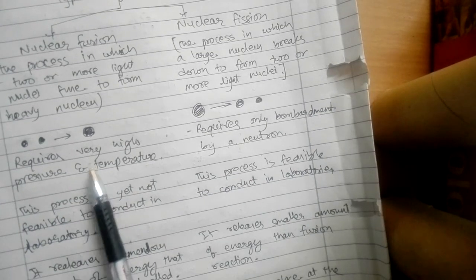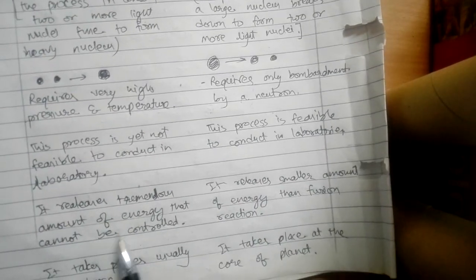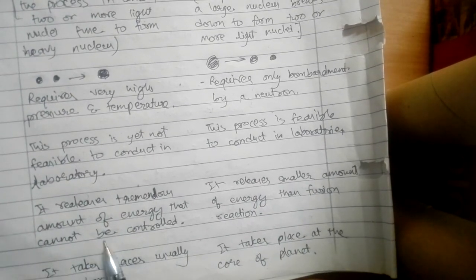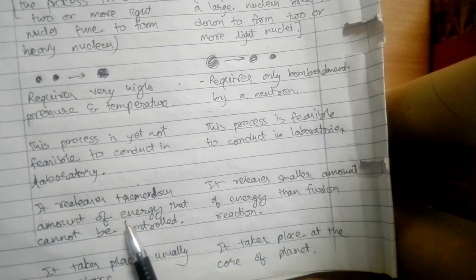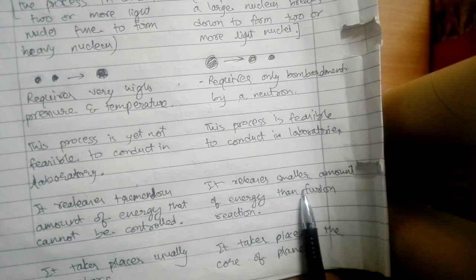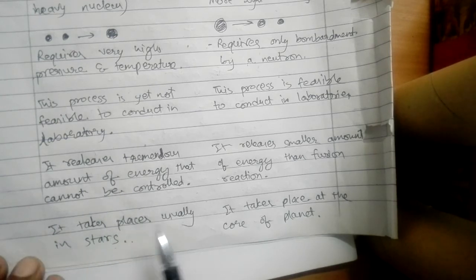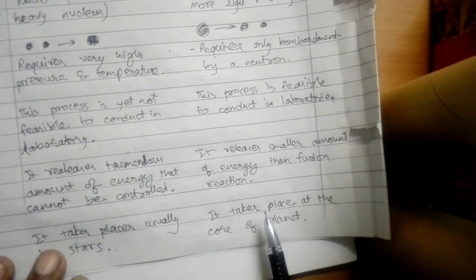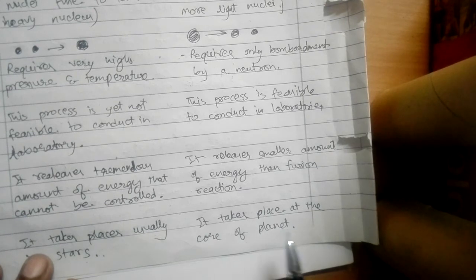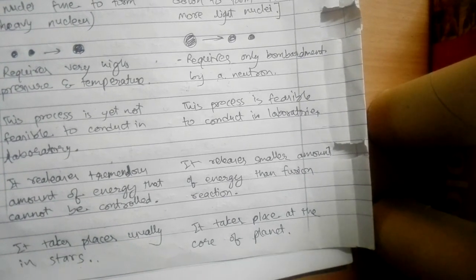And nuclear fusion reaction releases tremendous amount of energy, so much that yet cannot be controlled. But compared to it, nuclear fission reaction releases smaller amount of energy which can be controlled and utilized. And naturally, nuclear fusion reaction takes place in stars, whereas nuclear fission reaction takes place at the core of planet. That's why the core of Earth is as hot as the surface of sun.